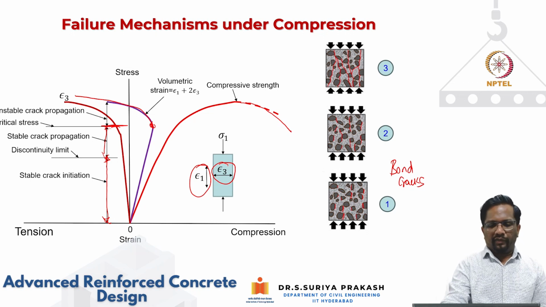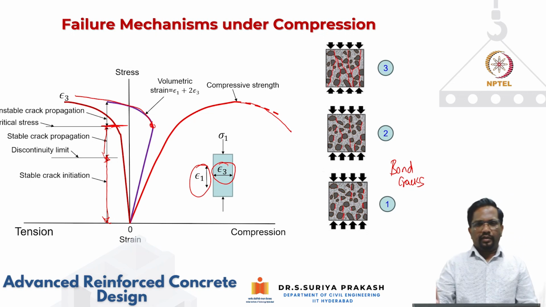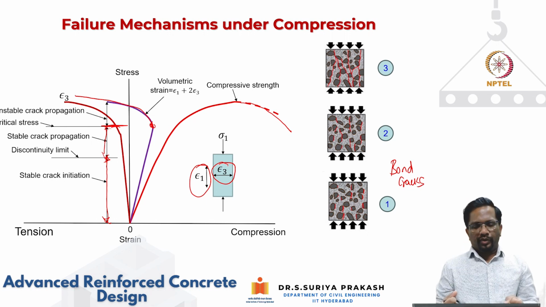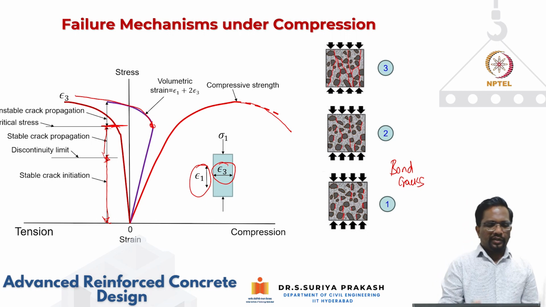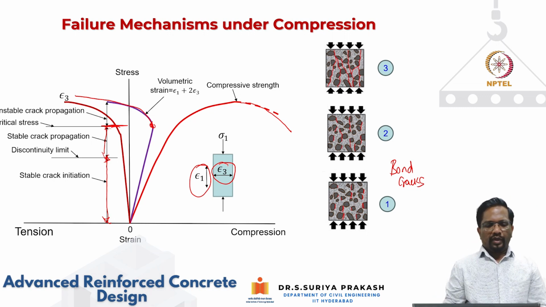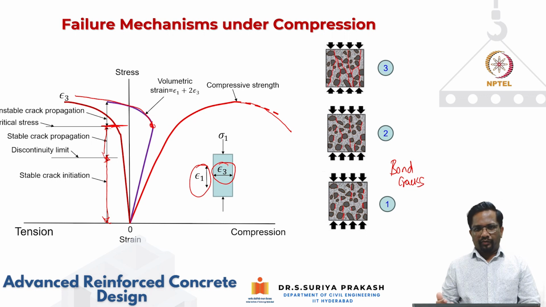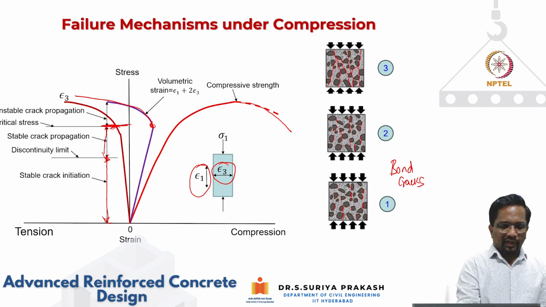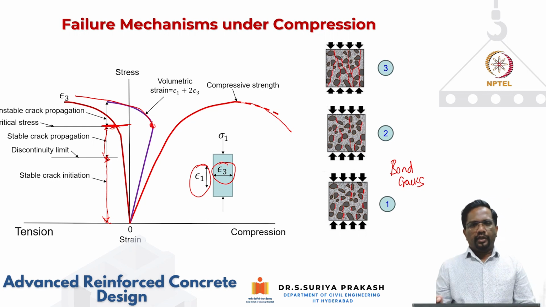If you do not have any fibers or any other reinforcement, then you cannot contain the crack propagation, and it will reach unstable crack propagation and lead to complete failure. So this is very important. Again, from a column confinement point of view, reaching this critical stress level is important.